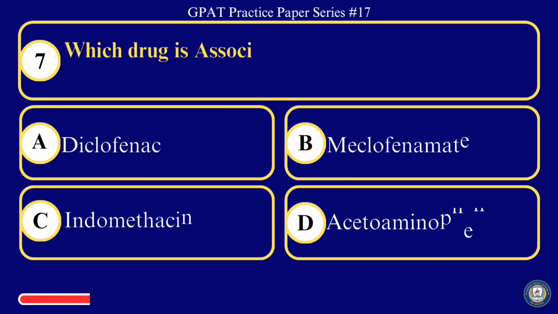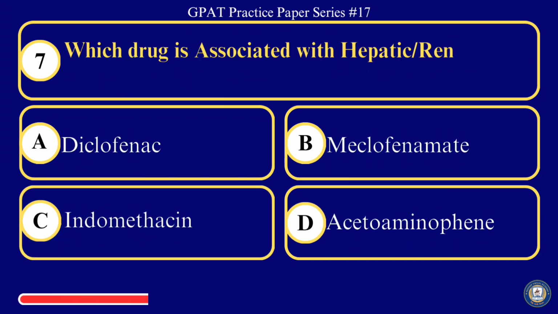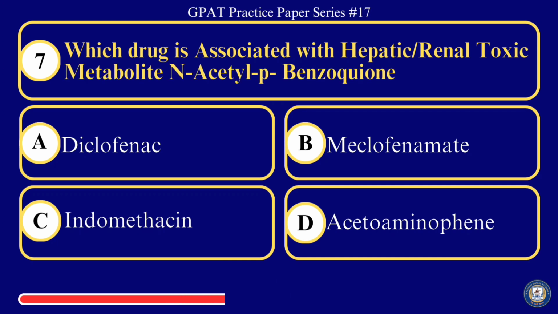Question number 7. Which drug is associated with hepatic/renal toxic metabolite N-acetyl parabenzoquinone?